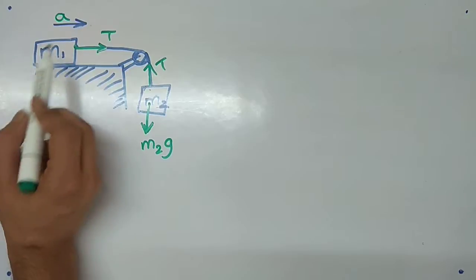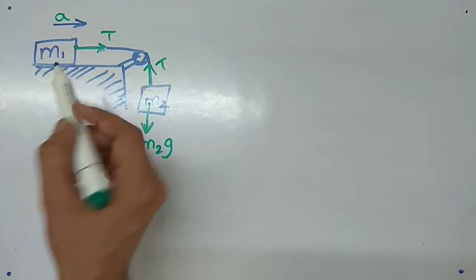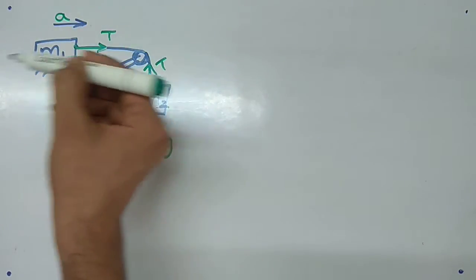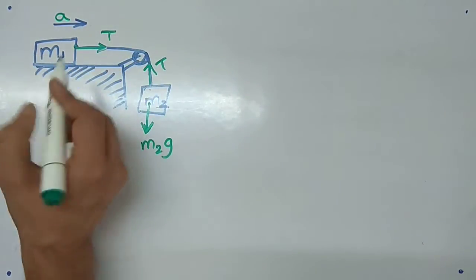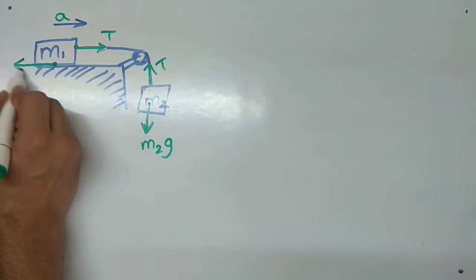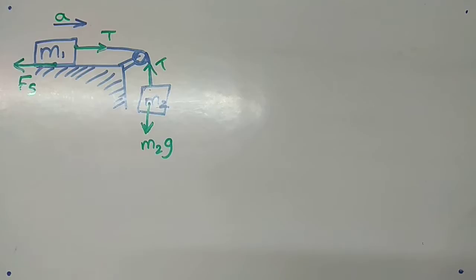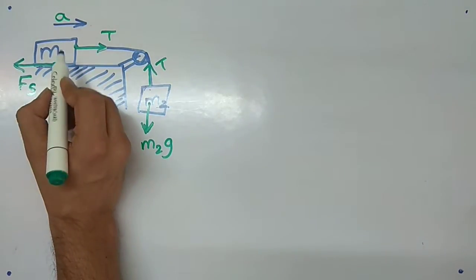So we consider the first object, upward force, downward force. Now here also there will be forces. See, the object is moving in the forward direction, therefore there must be a force in the backward direction, right? So let the backward directional force be the frictional force Fs.